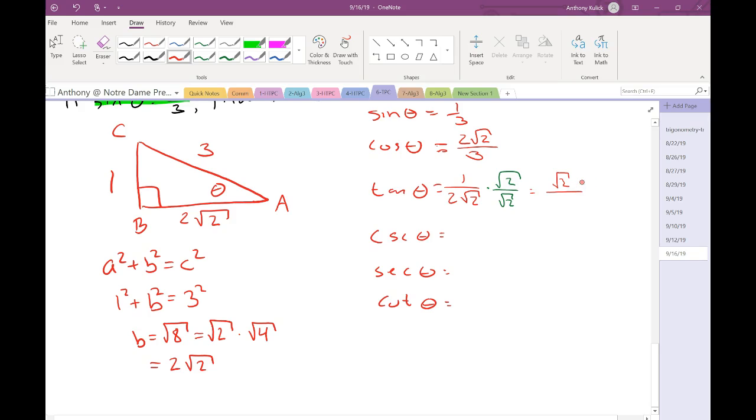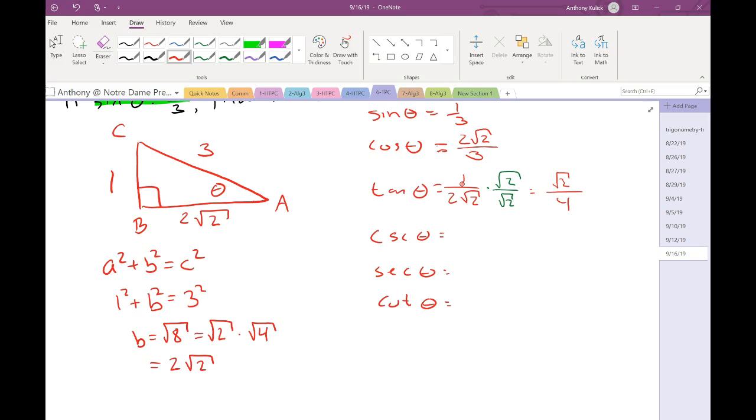The square root of 2 times the square root of 2 is 2, but I also have this extra times 2 out front, so it's really 4. Everybody okay there?